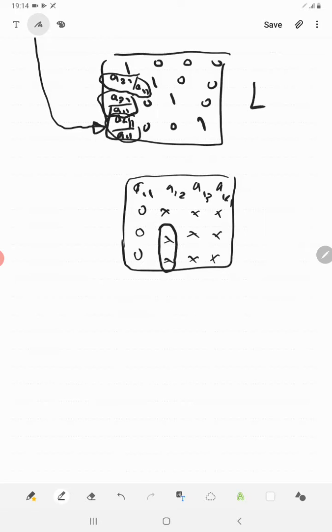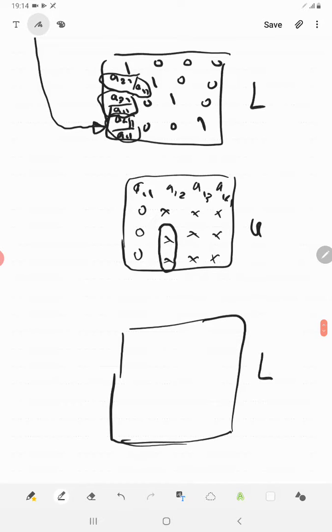We repeat the same procedure. So this is U, and this is L. Here we have 1, 1, 1, 1, and here all zeros. And we filled already this one, we filled all this. Now these two elements, we do the same, but we do the operation for this matrix.